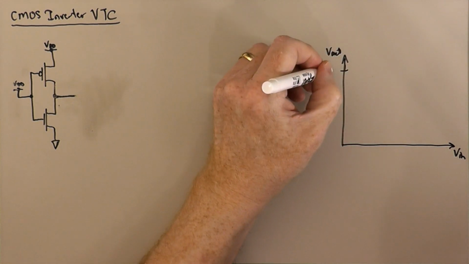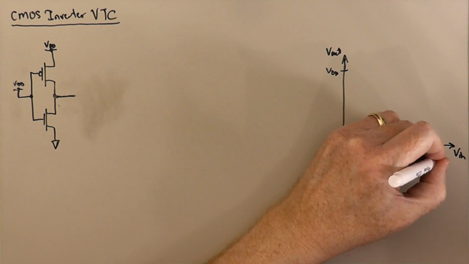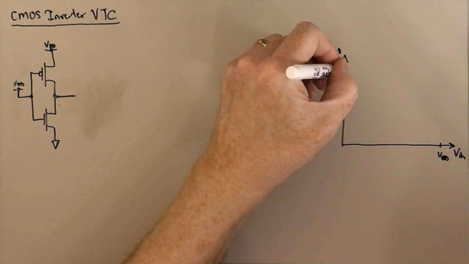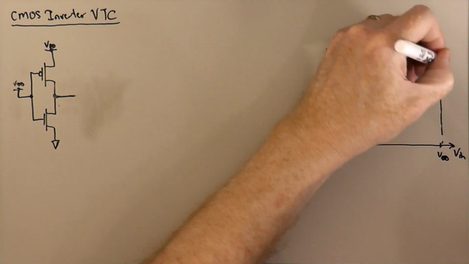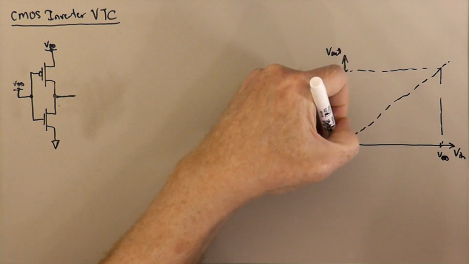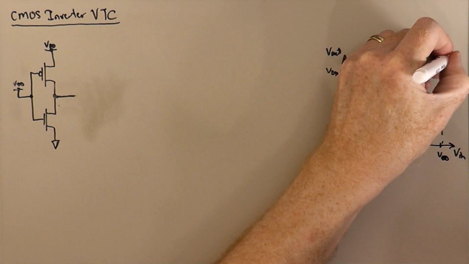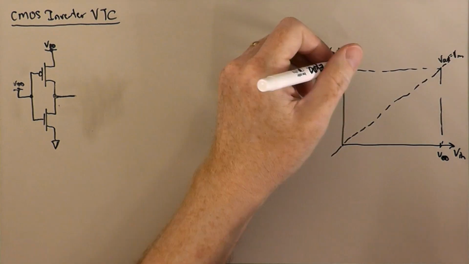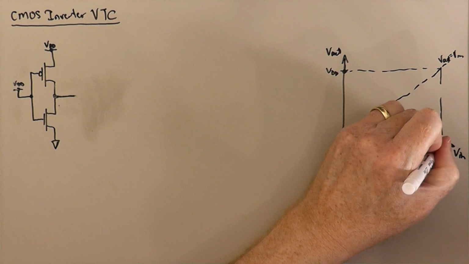Let's say this is VDD, and this is VDD. And we've got kind of this box here, and then we've got the identity line. This is V out equals V in. And so we've got 2 points on this curve. We got this point, and we got this point.